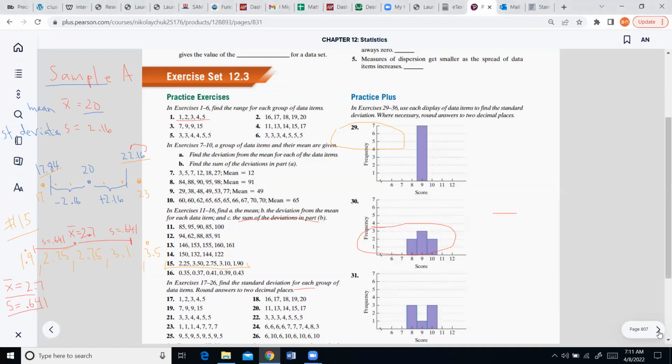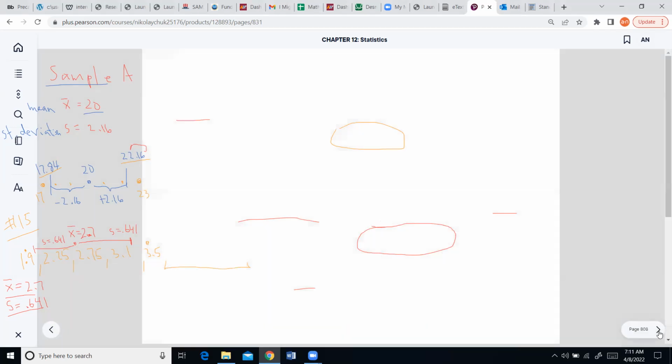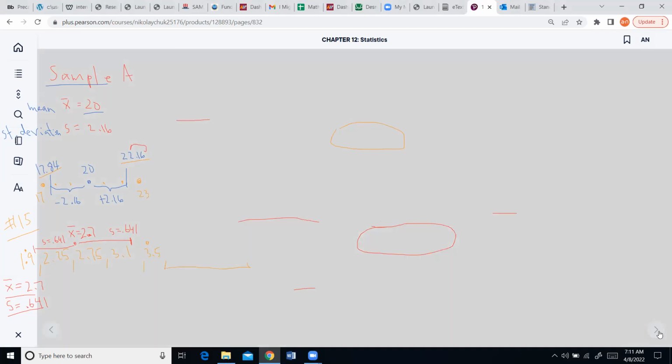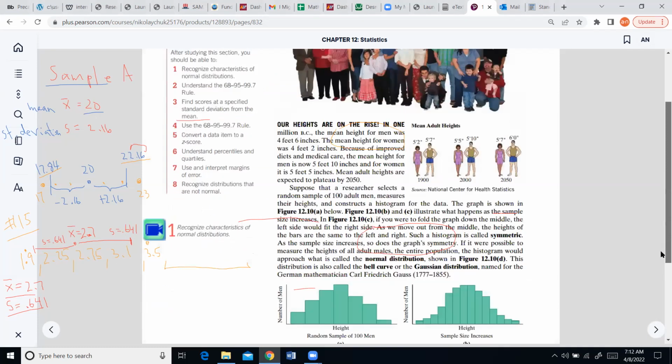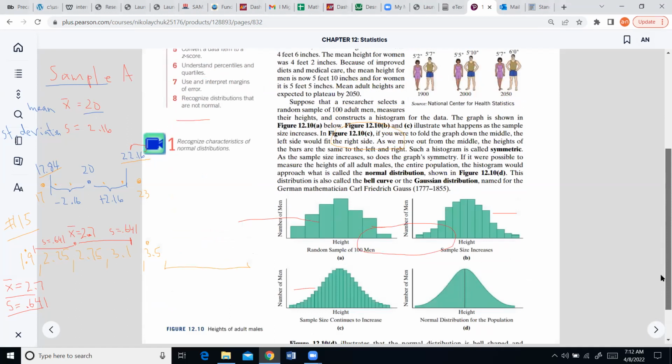here in chapter 12. So it looks like the next section of chapter 12 is talking about the so-called normal distribution. And it turns out the word normal is here because on the planet Earth, everything is distributed normally.